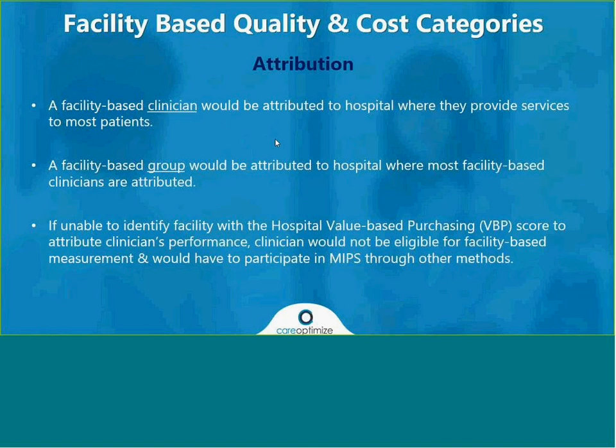For group, it's going to be attributed to where most of the facility-based clinicians are attributed, not necessarily to the patient, but to where most of the clinicians are being attributed. And finally, if they're not able to use the VBP score, if it doesn't exist to see a performance, then they're not going to be eligible. So you will not be able to use the facility-based mechanism if the VBP cannot be determined.